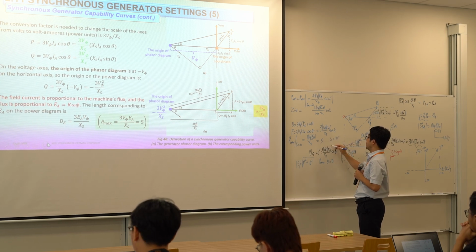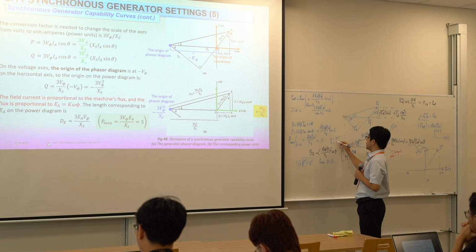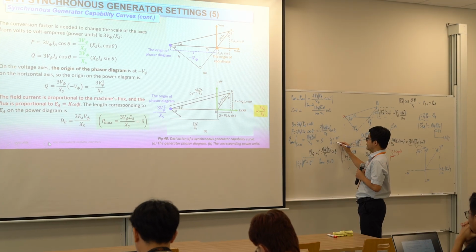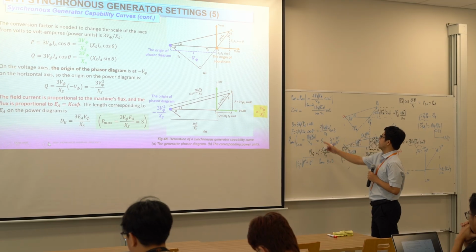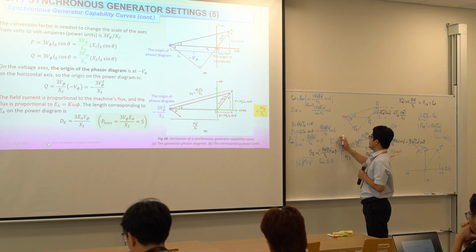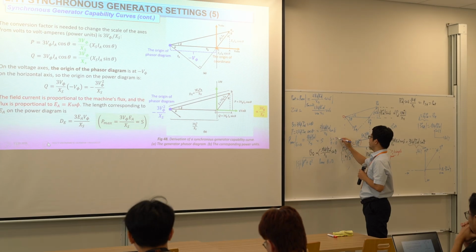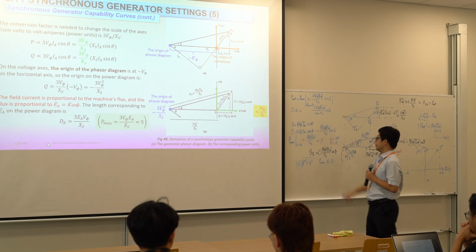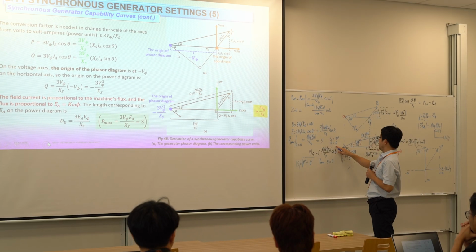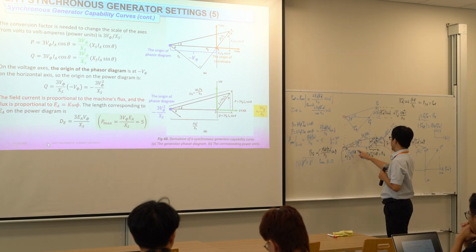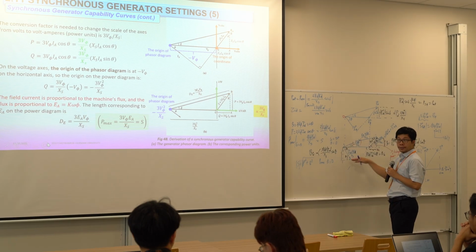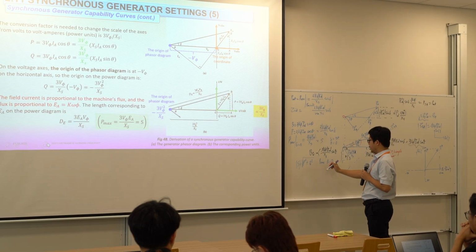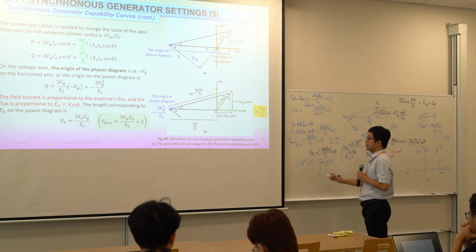If delta is 90 degrees, that means theta is 0 and delta is 90 degrees, like this. So if theta is 0 degrees, it means IA is in phase, then the resistance loss. So Q is 0 and P max you can get as S.